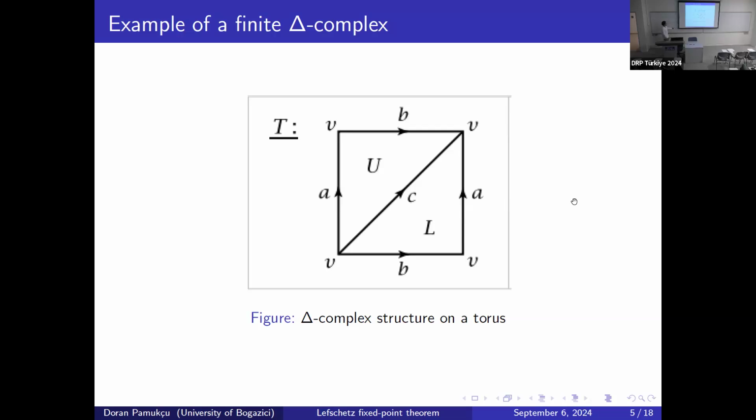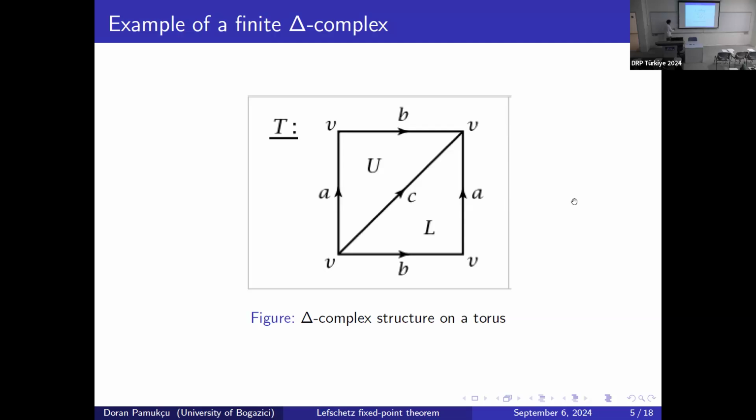And what is our image of boundary 2? Well, we need to look at the images of U and L. If you look at where U goes, it goes to A plus B minus C, because of the orientation, you need to go counterclockwise. And the same thing for L as well.